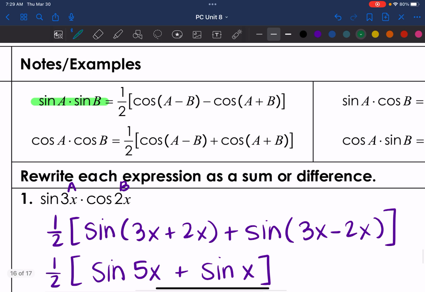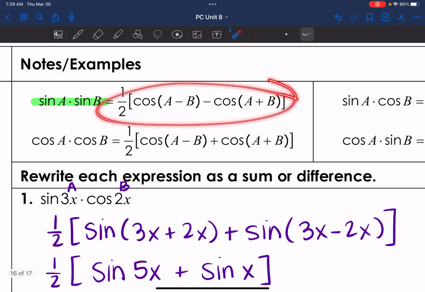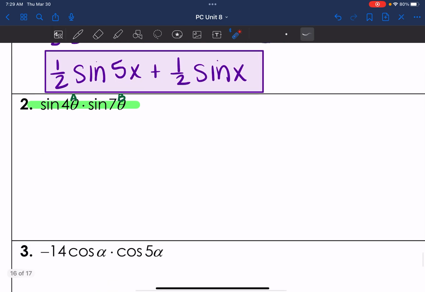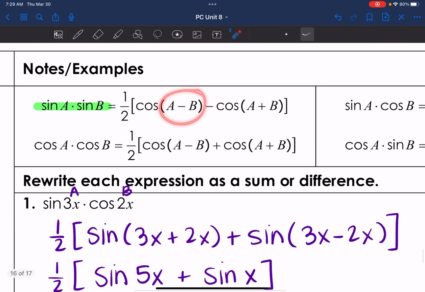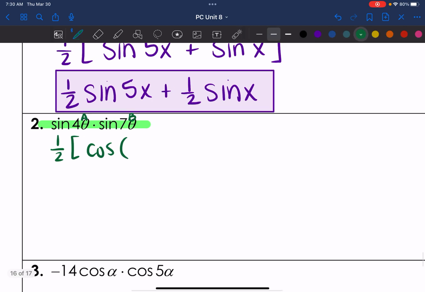But now we're going to follow this here. So it also starts with 1/2 and then a square bracket, but this time they're using cosine. So 1/2 square bracket cosine. Okay. Then it has A minus B. So it'll be 4 theta minus 7 theta.